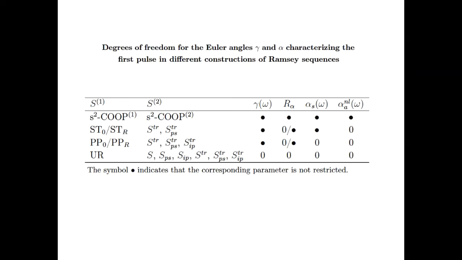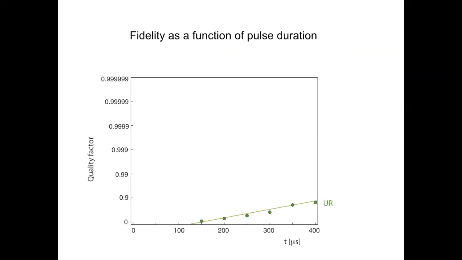Here, depending on what R is, this has to be 0 or not. There's another family which I did not specifically go into. It's also described in the paper. But in these cooperatively optimized pulses, neither gamma, this R factor, the symmetric part, nor the nonlinear antisymmetric part is fixed. It just needs to have some symmetry relations. But this actually gives us extremely good performance.